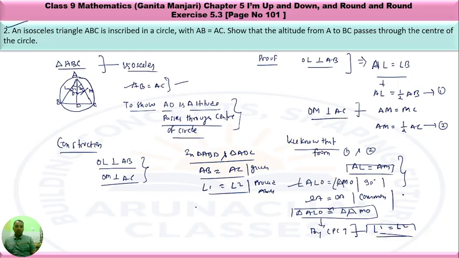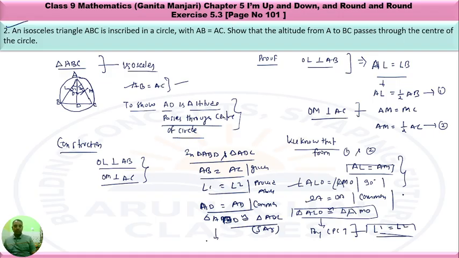And AD is equal to AD, which is common for both the triangles. So here triangle ABD is congruent to triangle ADC by the SAS congruence rule.